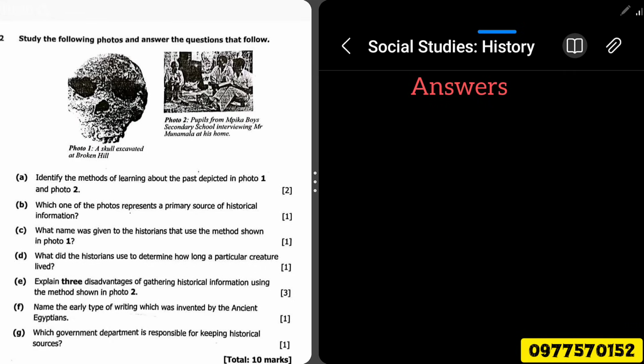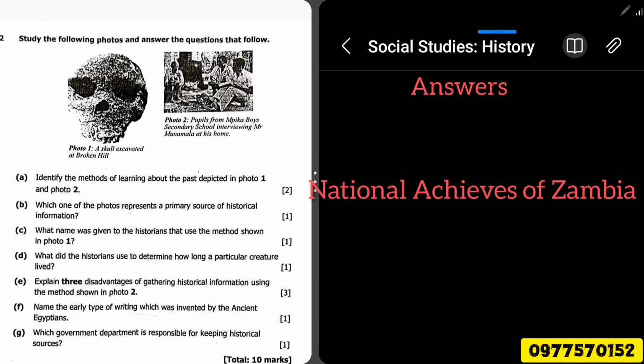Which government department is responsible for keeping historical records? The National Archives of Zambia.